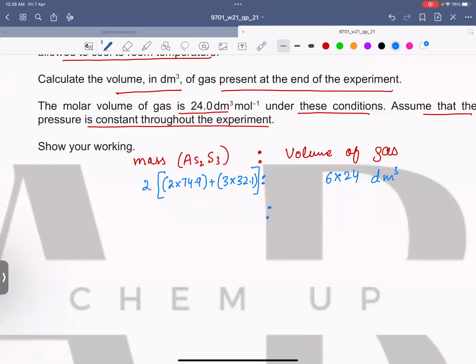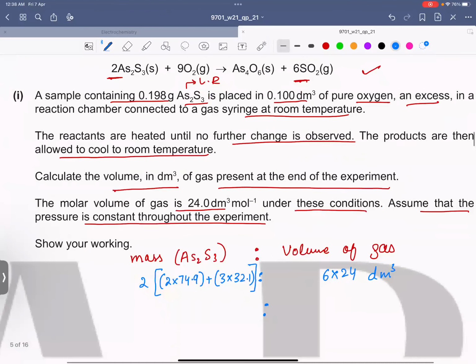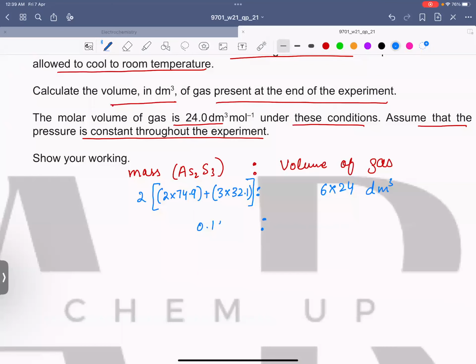Now, in the experiment, we have used 0.198 gram of arsenic sulfide. What would be the volume of gas produced?